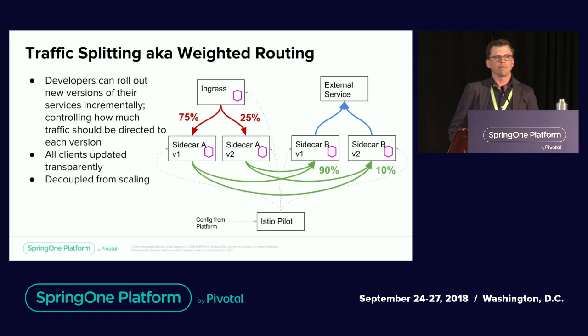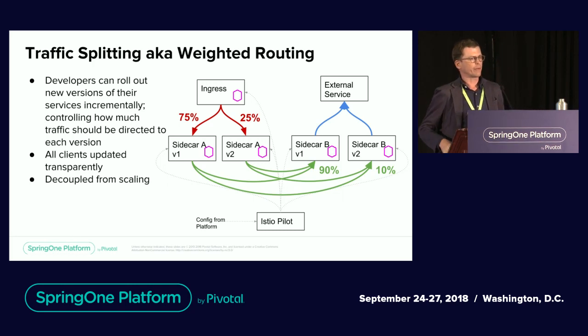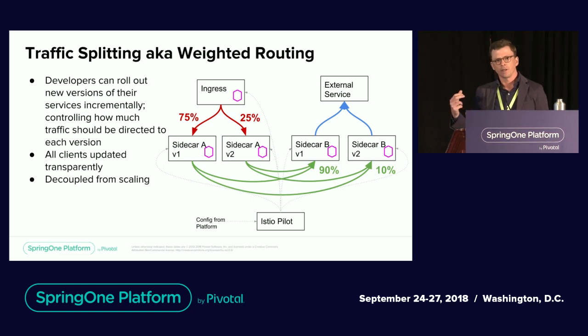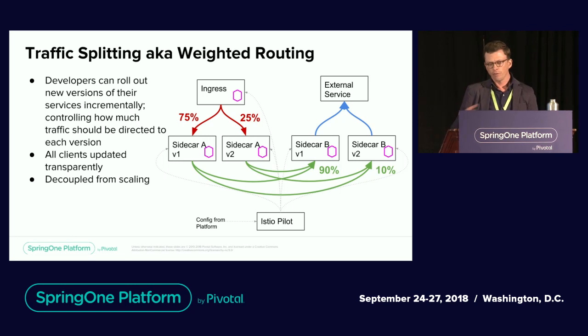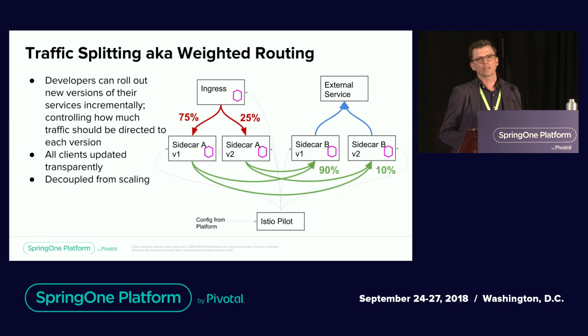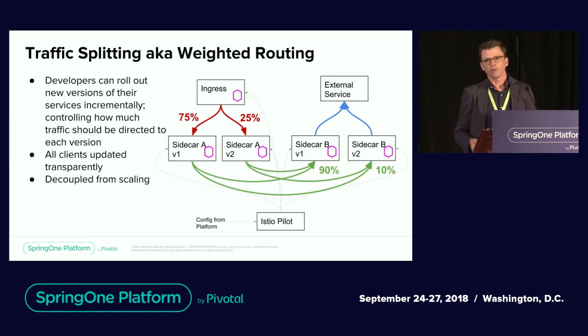And rather than managing the amount of traffic which is sent to that application using scaling or increasing capacity, they can decouple the routing rules from the infrastructure or their application capacity concerns. So rather than adjusting the number of instances of a new version of the application, they can configure the control plane to send 10% of all requests from all clients to a new version of their application.